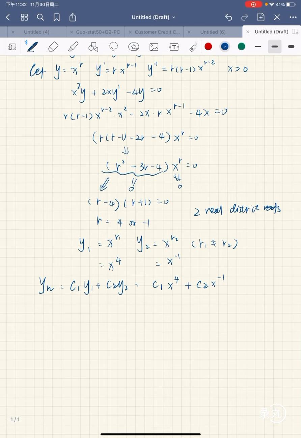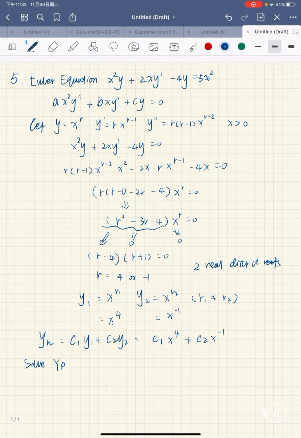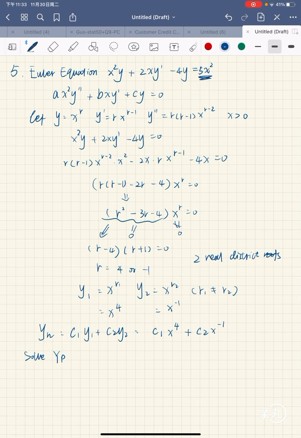And then next step, we're going to solve for y particular. So based on the equation right here, let y particular be a x squared.